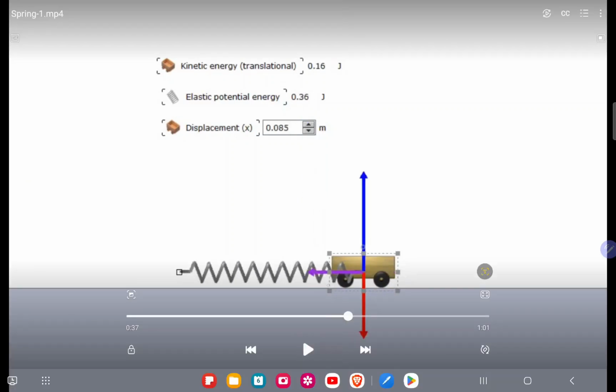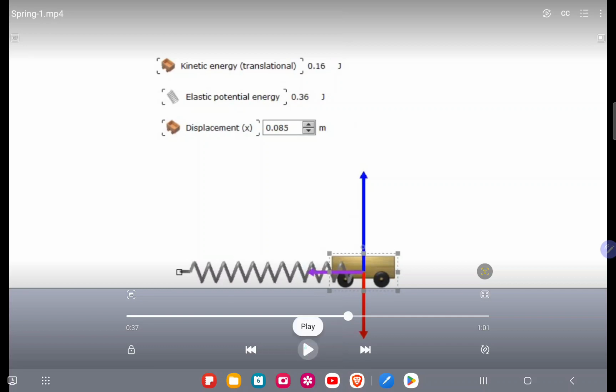Now the elastic potential energy works in the opposite way. When the spring has maximum elongation and maximum compression, the kinetic energy becomes zero, but the elastic potential energy is maximum. At the relaxed position, the elastic potential energy is zero and the kinetic energy is maximum.